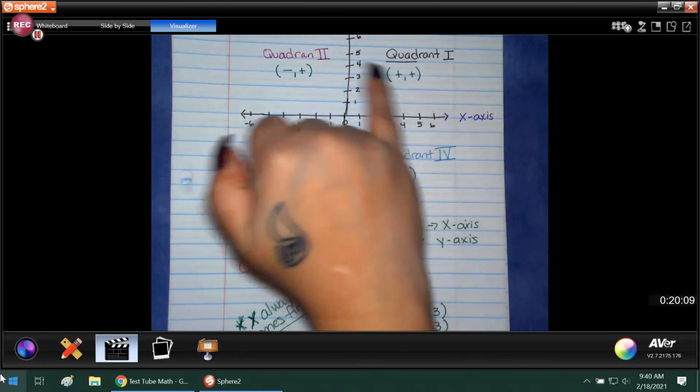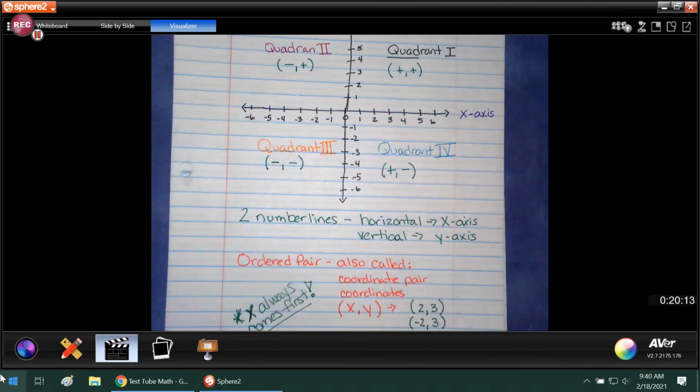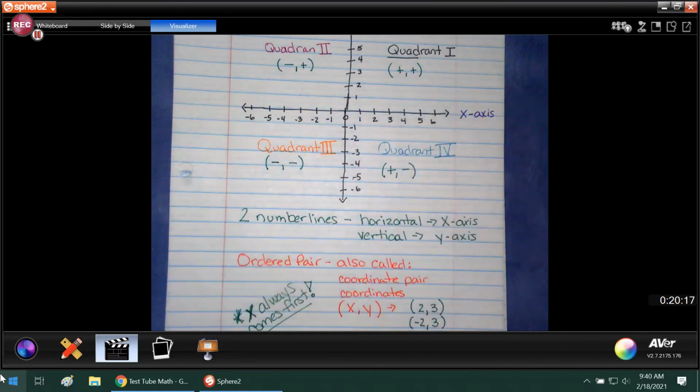Quadrant 1, 2, 3, 4. You need to memorize that if I'm in quadrant 1, it's a positive positive. If I'm in quadrant 3, it's a negative negative. If I'm in quadrant 2, it's a negative positive. If I'm in quadrant 4, it's a positive negative.